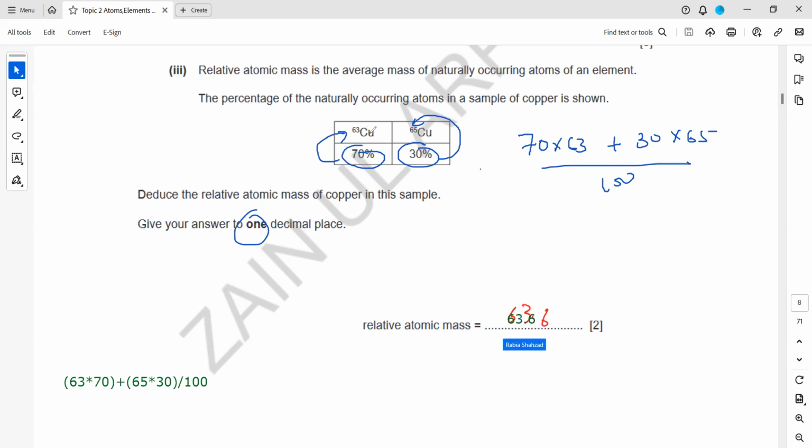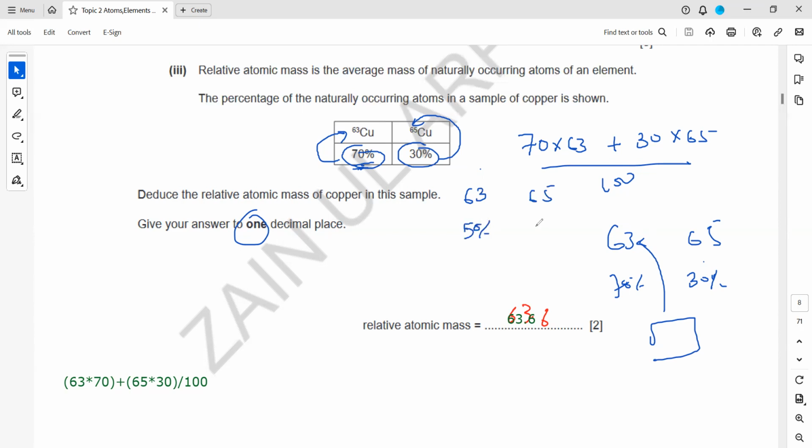You can clearly see that this is 70%, so the average mass should definitely be more towards 63 rather than 65. We have two numbers, 63 and 65; this is 70% and this is 30%. So when we take the average mass, it is more towards 63. If they were equal, 50-50%, what would the average mass be?